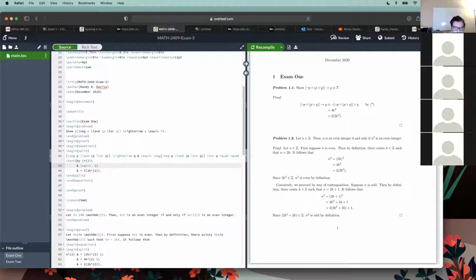So this will be NEG of NEG of P, and then \lor NEG of P \lor Q. And then do that \quad thing again, and then text, by De Morgan.